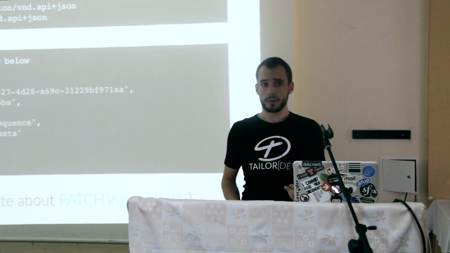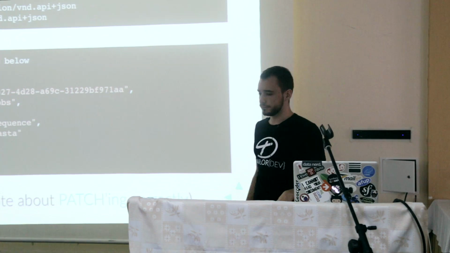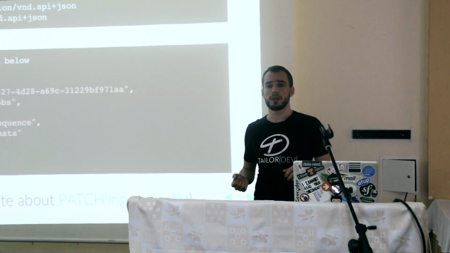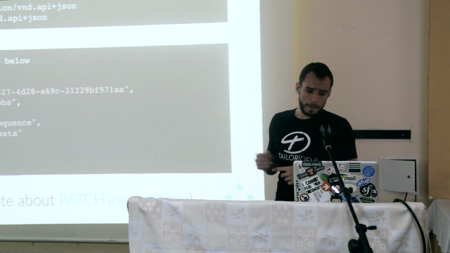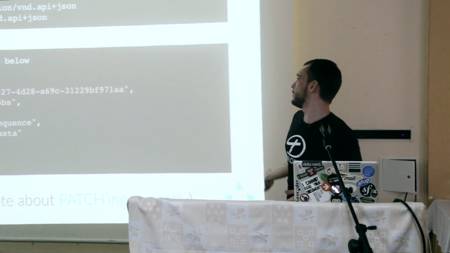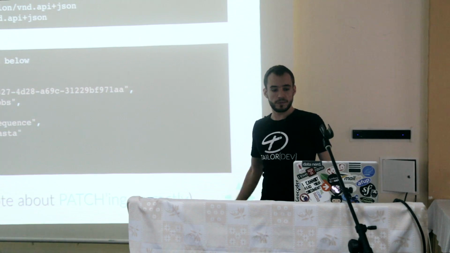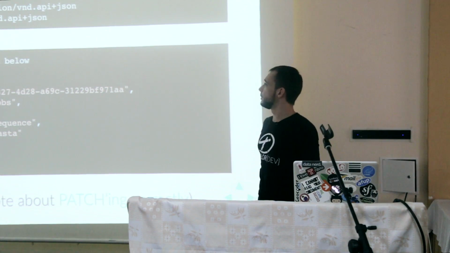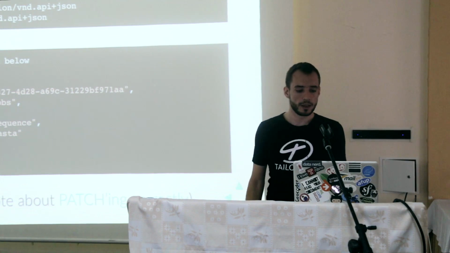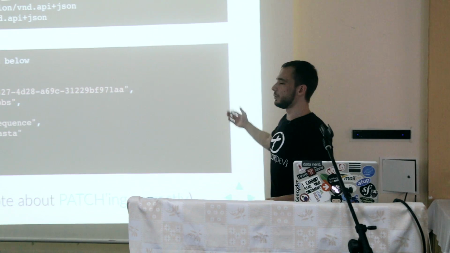So there are hypermedia formats for this, like JSON Patch or JSON Merge Patch. And here it looks like I don't use these formats, but rather stick to the JSON API format and send only what I want to update.